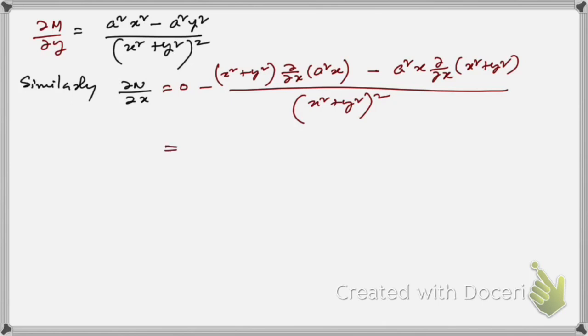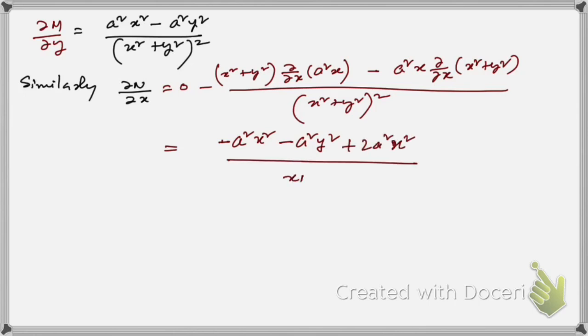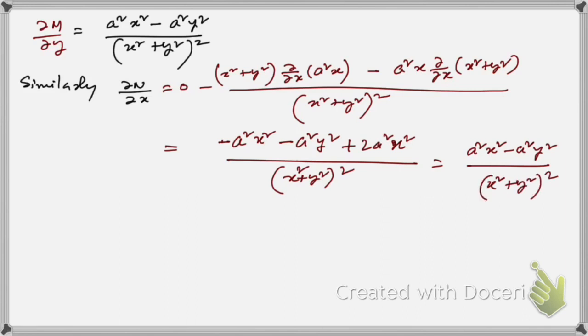If you simplify this, then you will again have minus a square x square, then plus a square, sorry, let me write it completely: twice a square x square divided by x square plus y square whole square, then a square x square minus a square y square divided by x square plus y square whole square. That's what we're going to get, right?